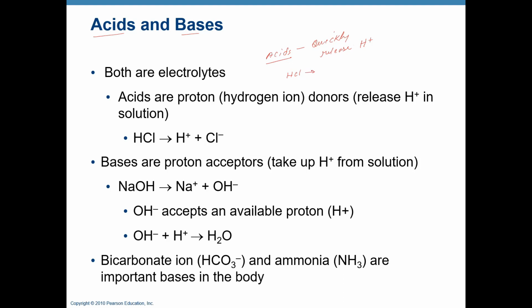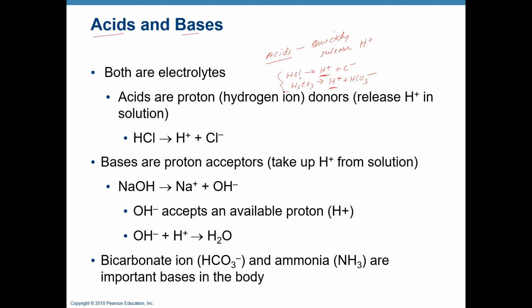Because it can quickly release the hydrogen ion. Sulfuric acid or carbonic acid, H2CO3. Why is carbonic acid an acid? It can also quickly release hydrogen ions. So both are acids because they can donate or release hydrogen quickly.